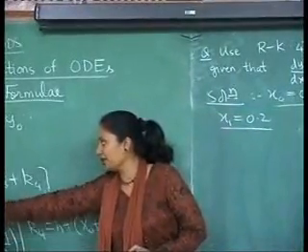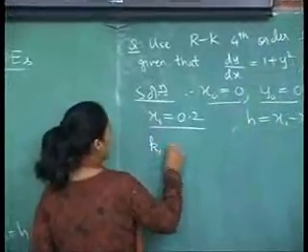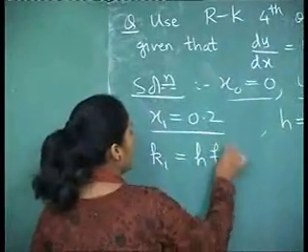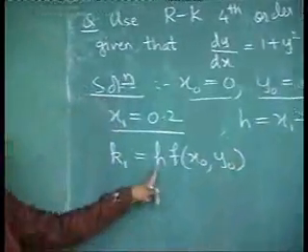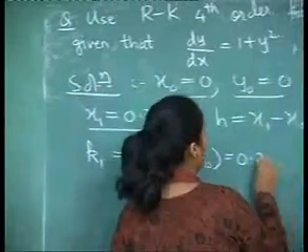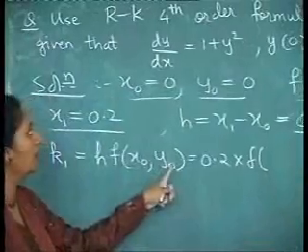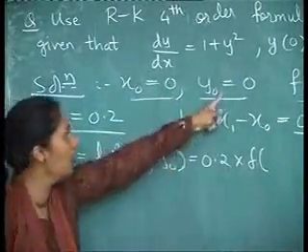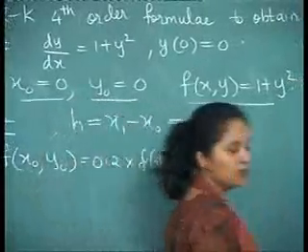K1 is h times f of x naught comma y naught. h is 0.2 into value of the function at x naught comma y naught. x naught is 0, y naught is 0. So I need f of 0 comma 0.